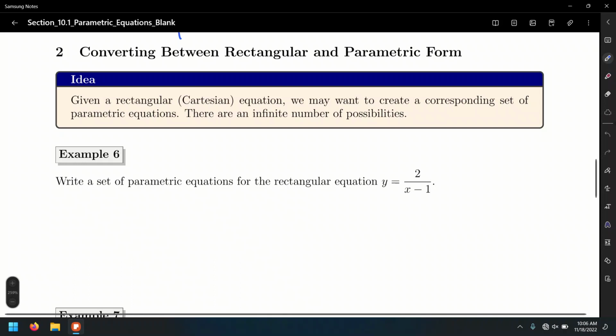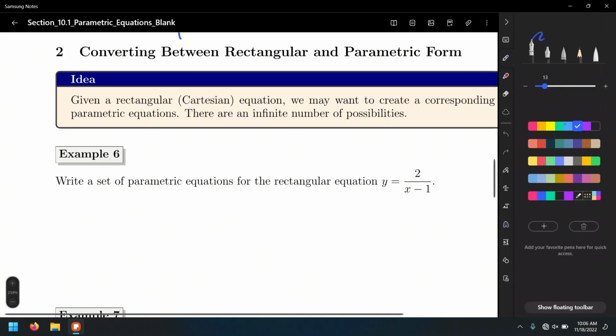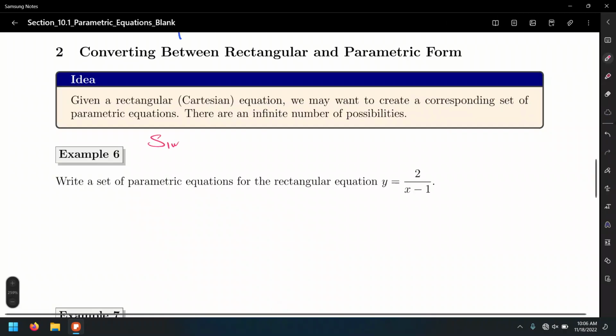All right? For example, let me write down the simplest way: give the independent variable the parameter t.